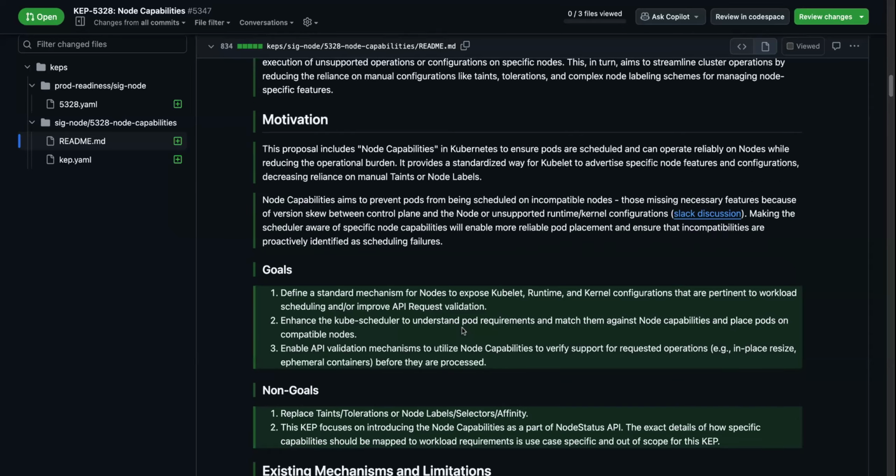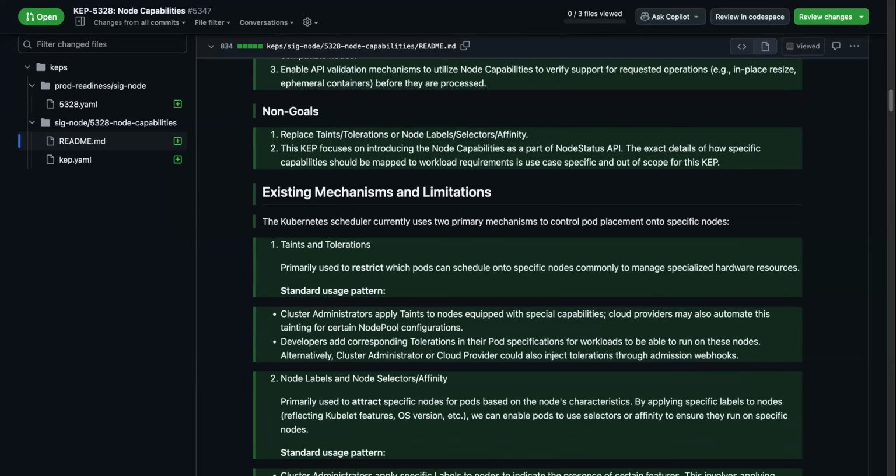So I think most users currently use some mechanisms to ensure that if a workload needs a specific thing that is present on the node, we currently have taints and tolerations or node labels and selectors as a way to ensure that the workloads are placed correctly.